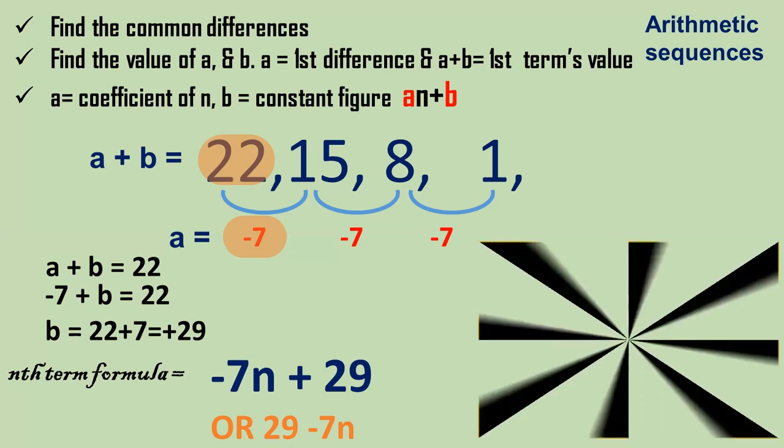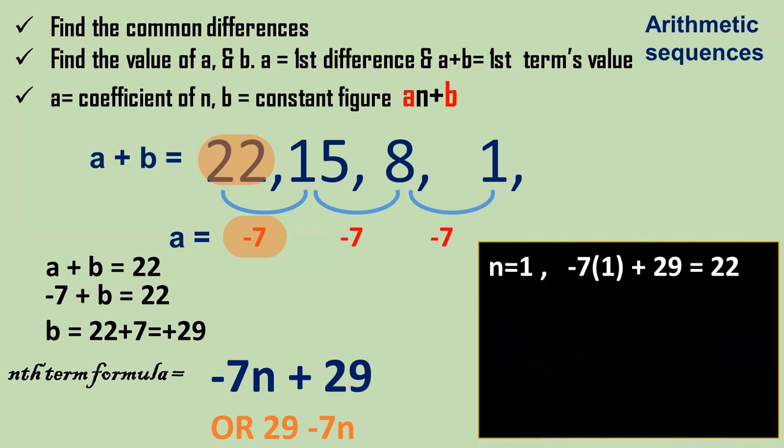So here we can find any value. For example, if I substitute the value of n is equal to 1 here, we'll get the first term value, 22. If I substitute n is equal to 2, that is the second term value, 15.